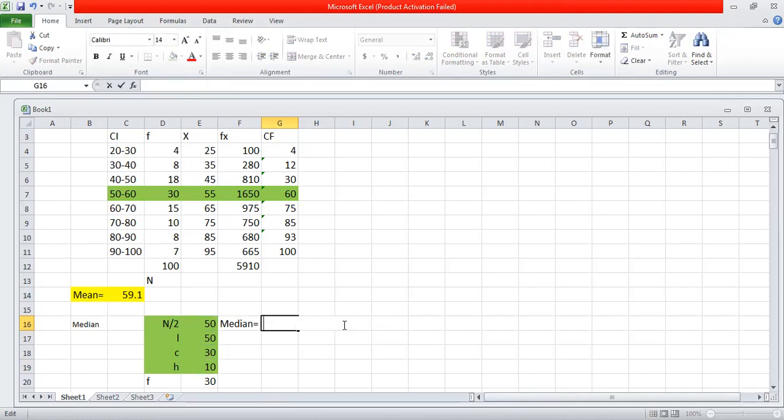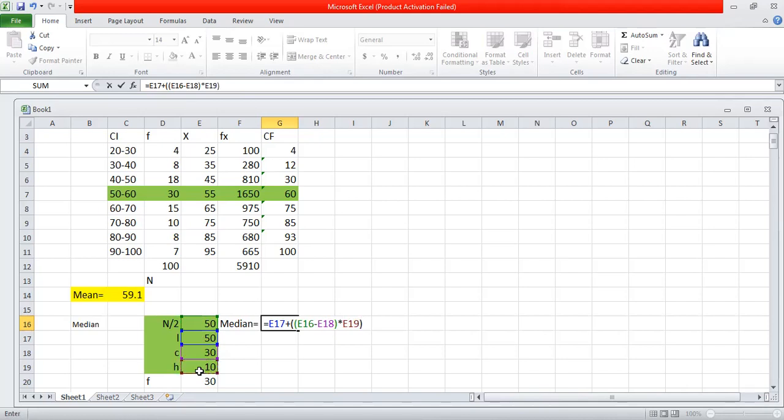So equals to L plus. First I have to write the numerator value. For the numerator I need one bracket, since in the numerator also I have two terms. So L plus, open one more bracket, n by 2 minus C, close this bracket, into H value.